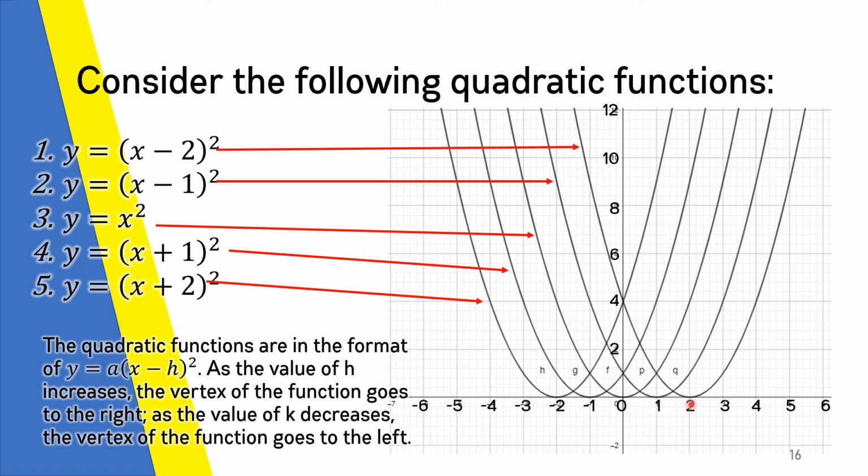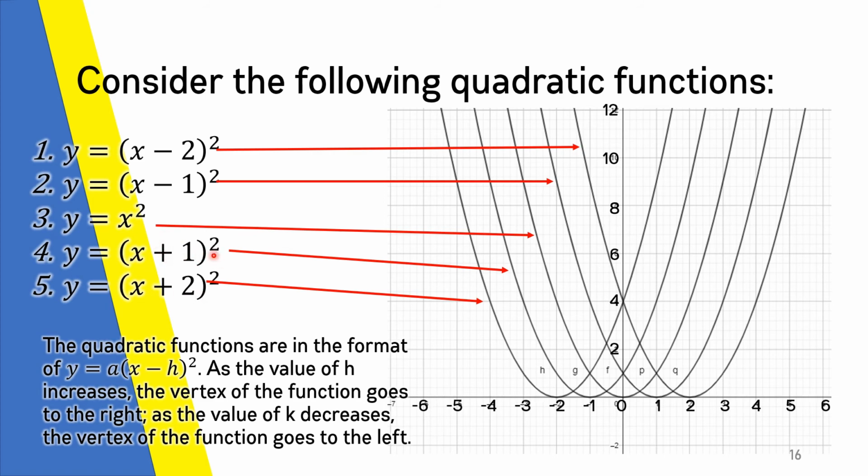So as you can see, the vertex of the function goes to the right, and that's consistent to what is the graph here and what I am saying right away. So we have here x minus 2, 2 is the vertex. So x minus 1, 1 is the vertex. So conversely, we have here positive 1.